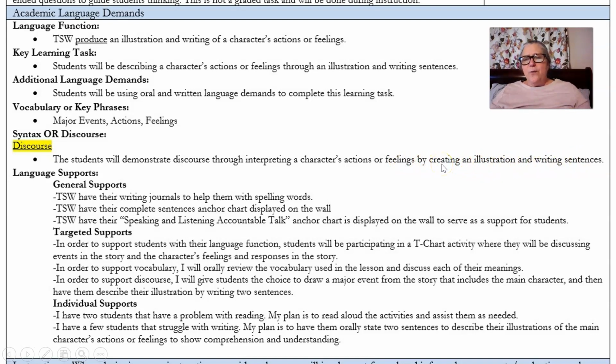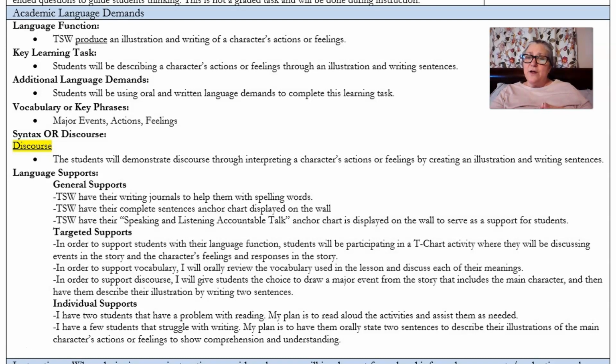So what's going on with this student is that they're struggling with the verbs. Produce, describe, demonstrate discourse. Don't ever do that. Interpret, create. And the problem is that we just need to get down to brass tacks.